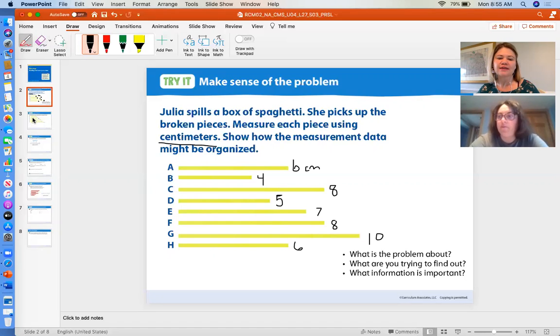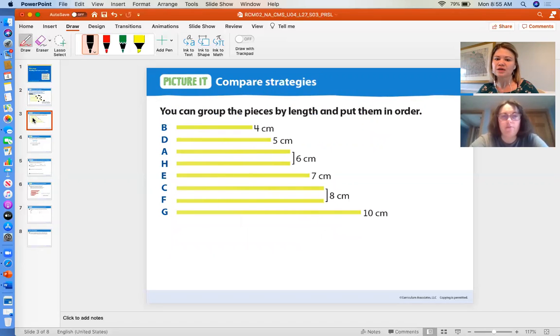So if we look at the next slide, one thing that we can do is group the pieces by length and then put them in order. So we would go from the smallest piece to the biggest piece, because that's how a number line works, right? We always start at the smallest number and then we go up to the biggest number.